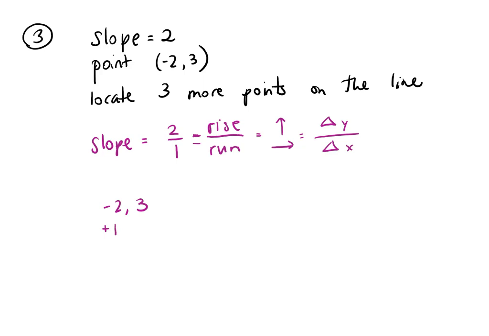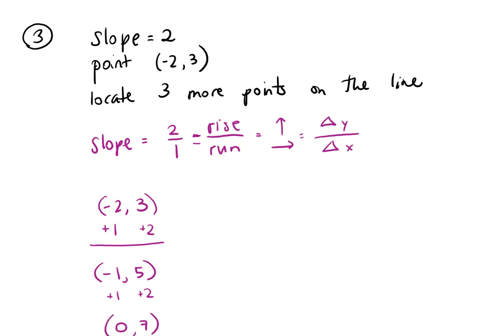values, and I'm going to add 2 to the y values, and the next point I'm going to have is (-1, 5). We can do this again. Go up 2 over 1, and I'm going to get (0, 7).